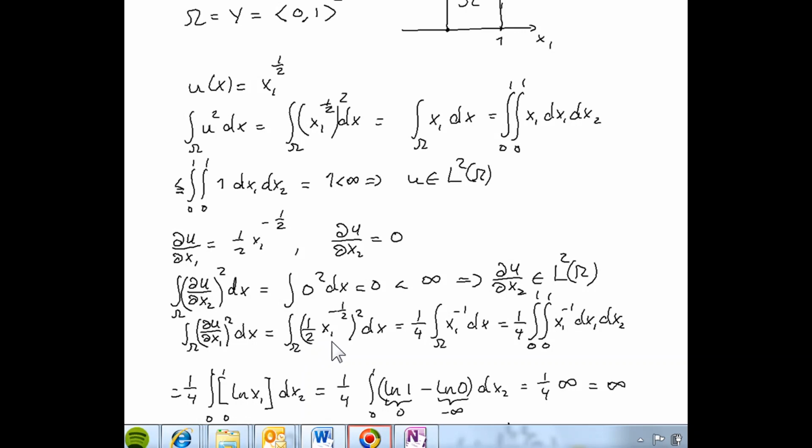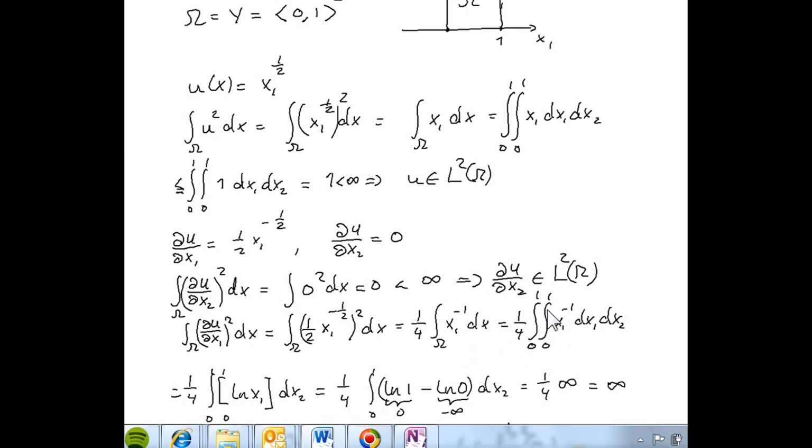When we are squaring this, we obtain x1 to the power minus 1. And this integral is equal to this double integral.